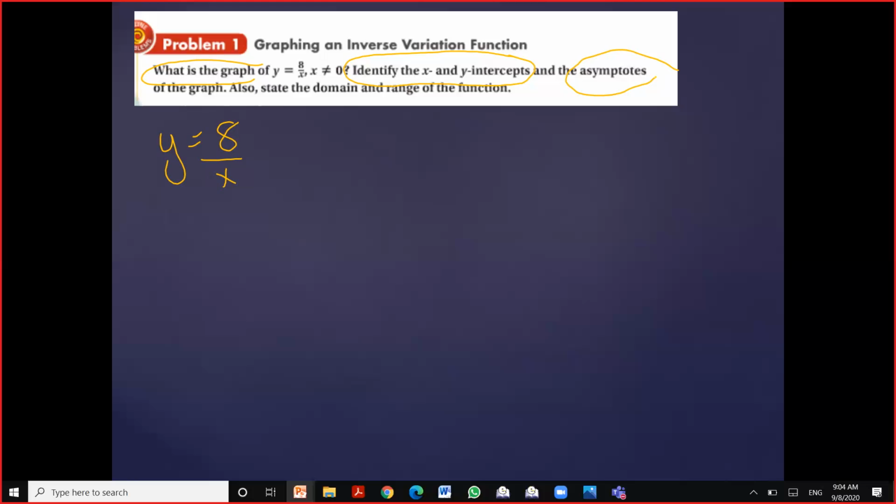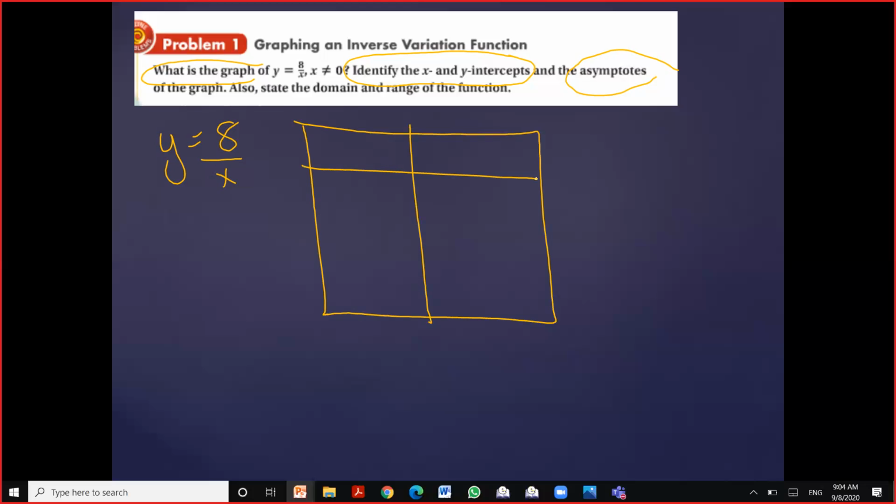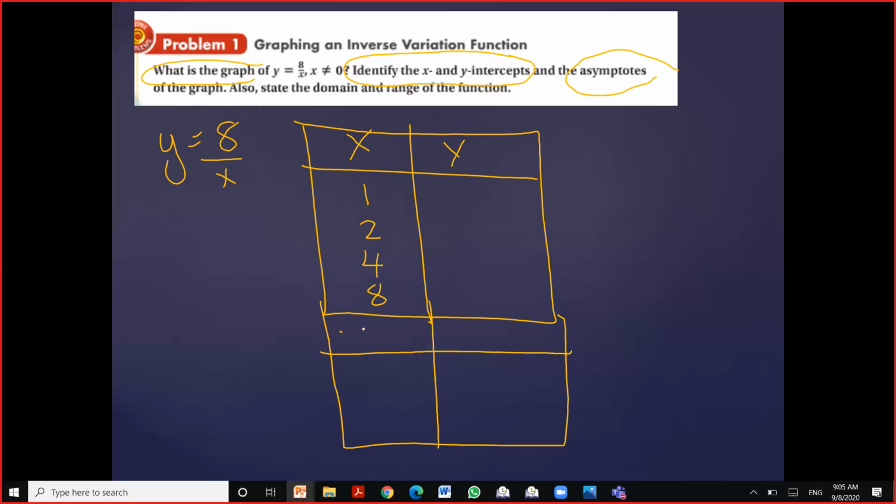As we said before, we have to plot values for x and y: 1, 2, 4, 8, and also negative values like -1, -2, -4, and -8.